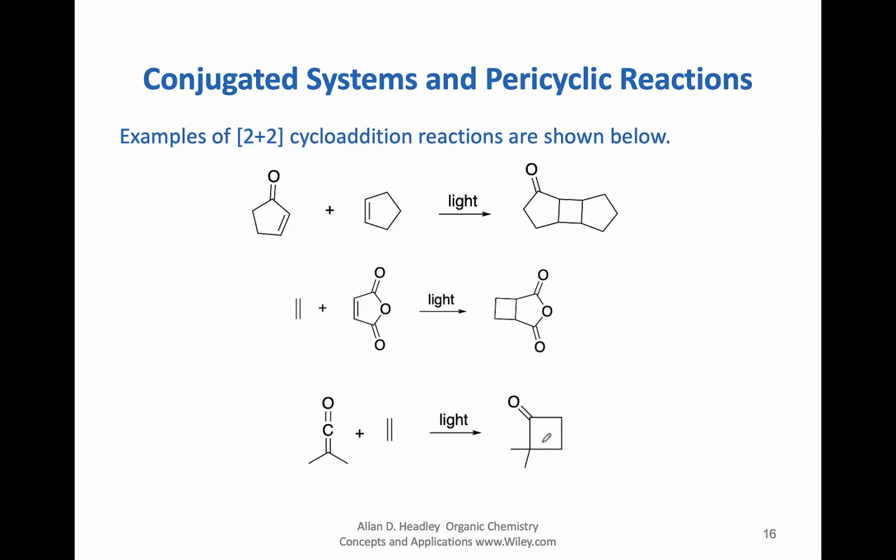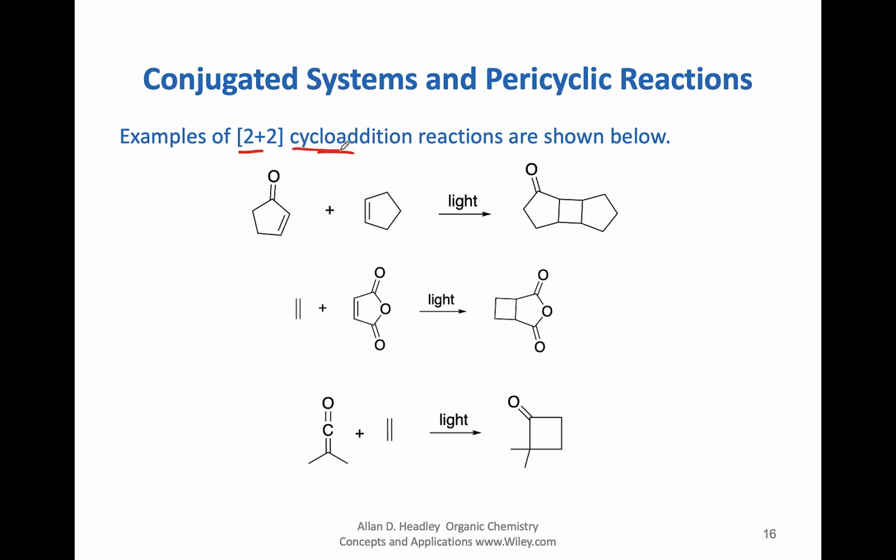So examples of the 2+2 cycloaddition. Here we have the alkene, and here we have the alkene, or the double bond. In the presence of light, we'll have a bond here, cycloaddition.